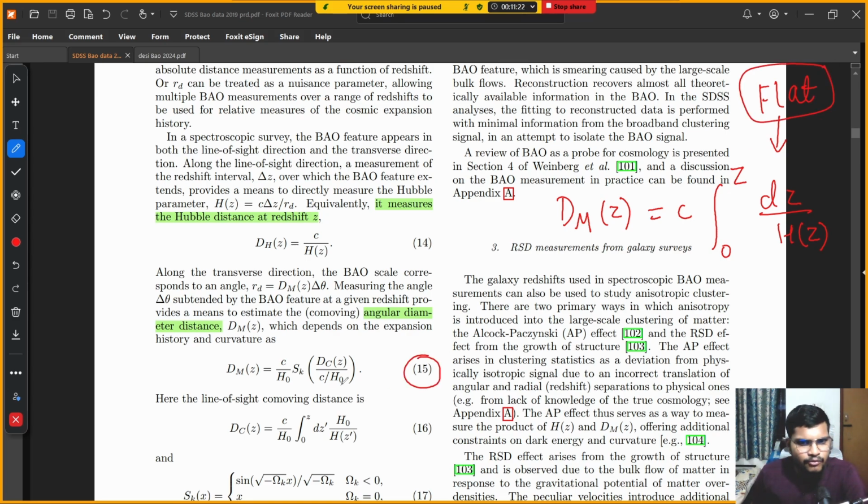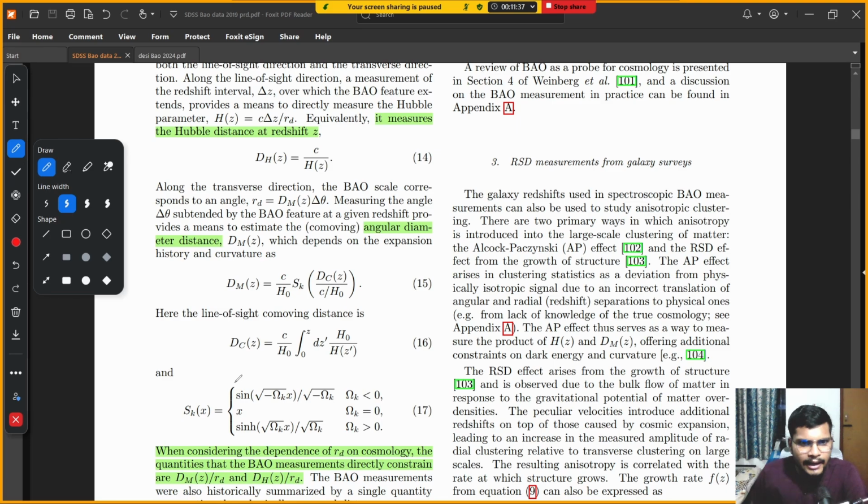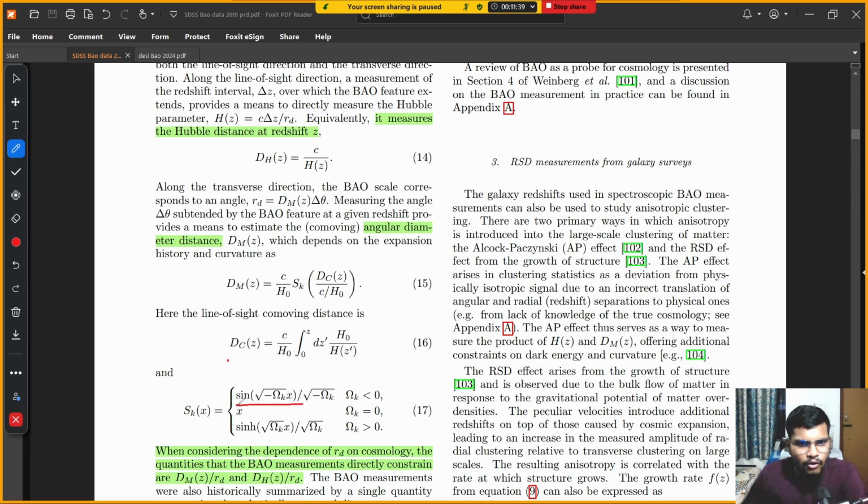Otherwise you can follow equation number 15, where it has the form c over h0 times sk, where sk is a function of dcz over c h0. And what is this sk? Sk has a certain form. sk could be a sine of this function, and this whole quantity is x.